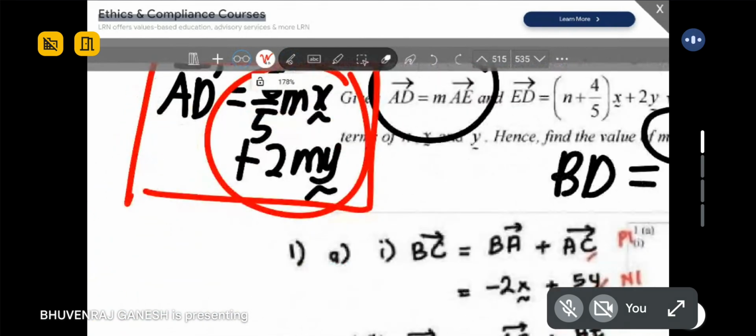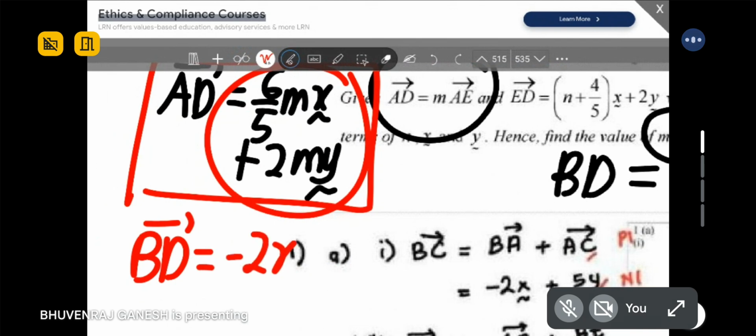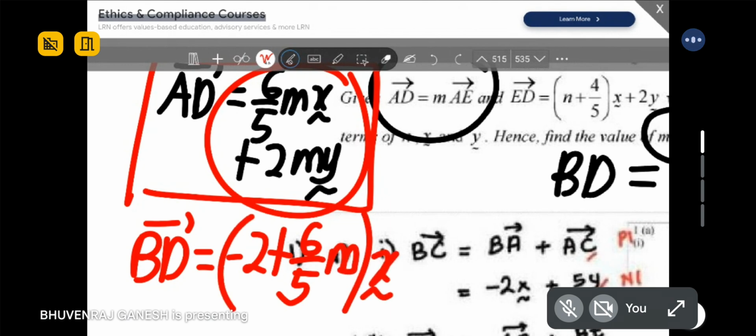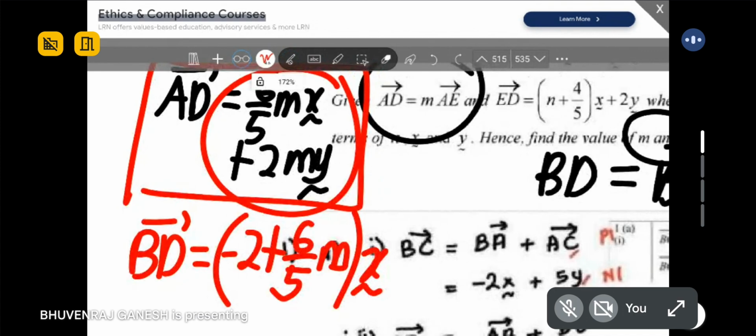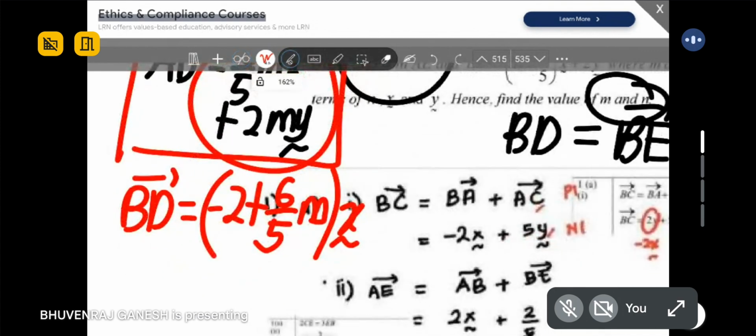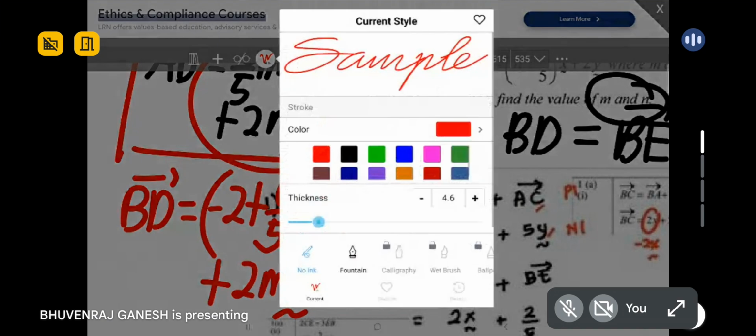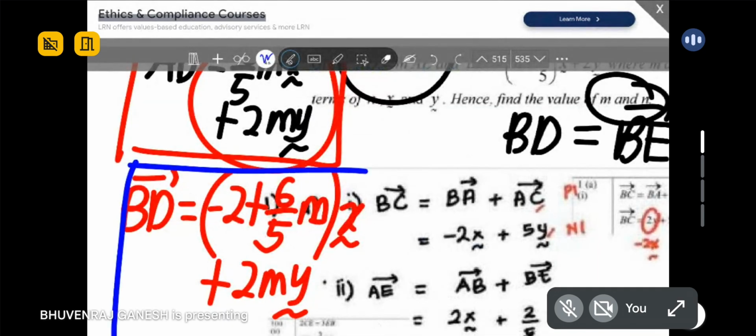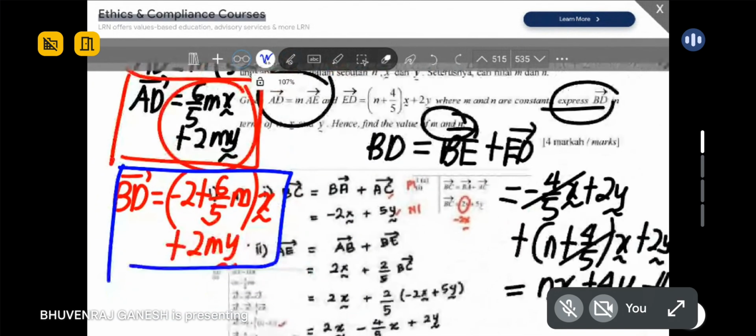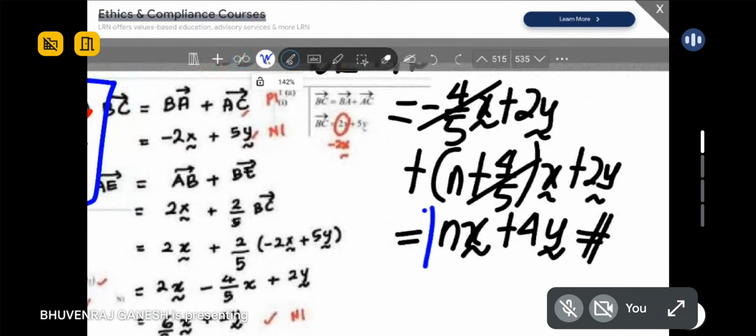Okay, so now, if I want to get BD, I just take negative 2x plus 6 over 5 mx. I factorize lah, guys. I factorize to become like this. Everything is x. Okay, because negative 2x plus 6 over 5 mx. Okay, and then plus 2my. Okay, so now you see, guys, you see this one, you have BD over here, and you also see this one. This one also is BD.